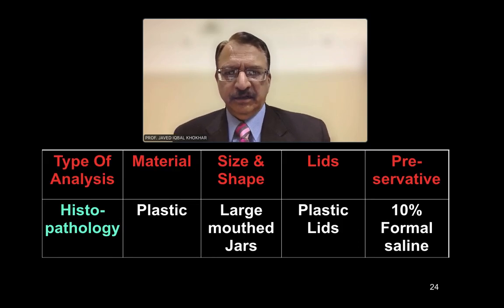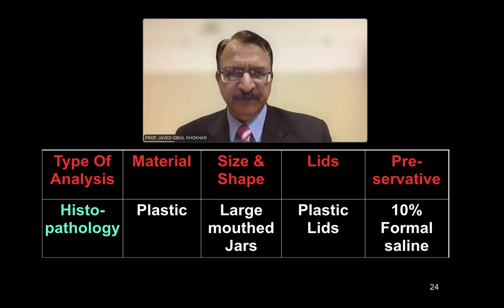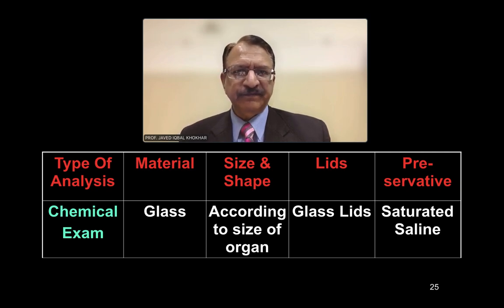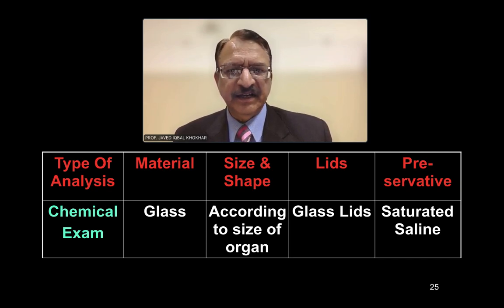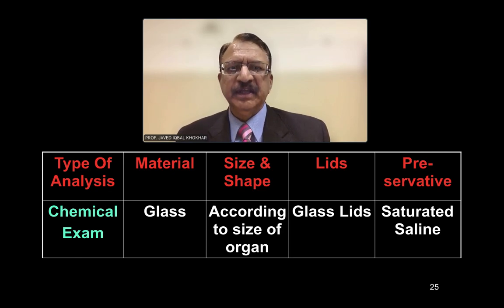So, in brief, for histopathological specimens, the container should be of plastic, large mouth, and with a plastic lid, and it should contain 10% formal saline, which is the preservative. And for chemical analysis, a glass container is preferable, depending upon the size and what content you are putting in, and a glass lid should be there.